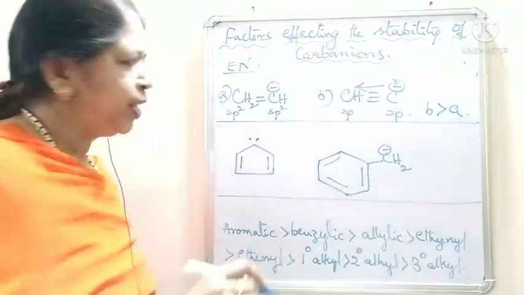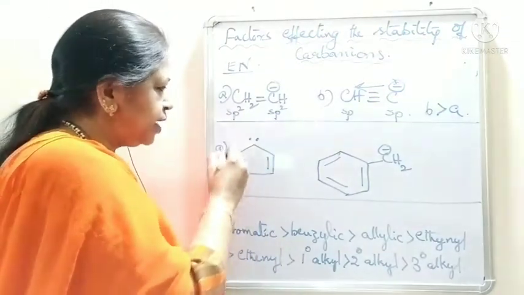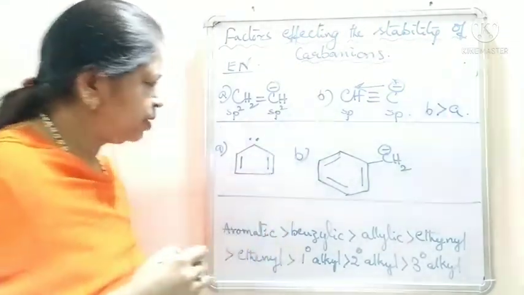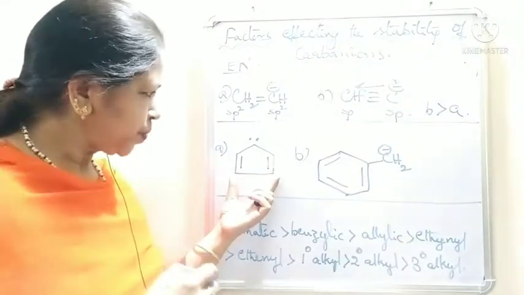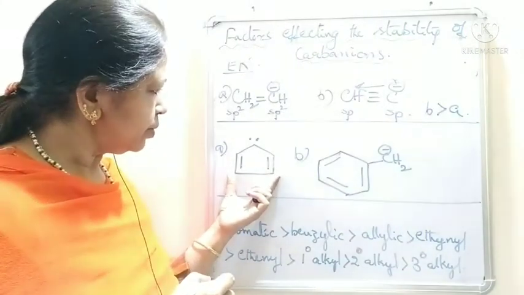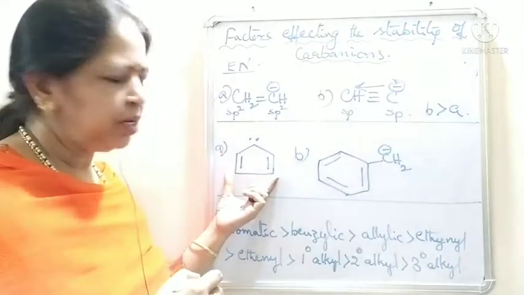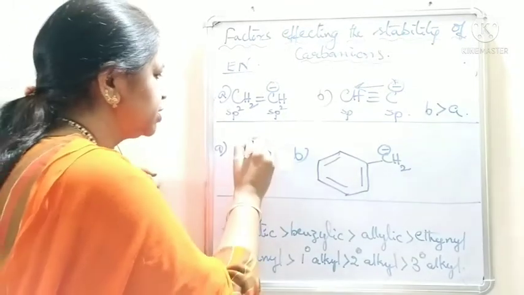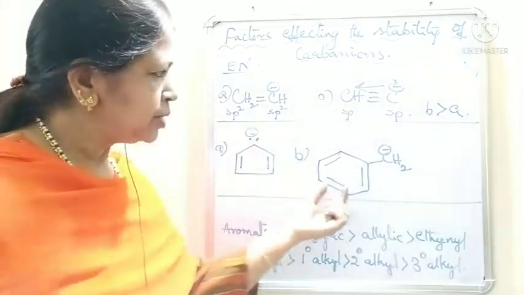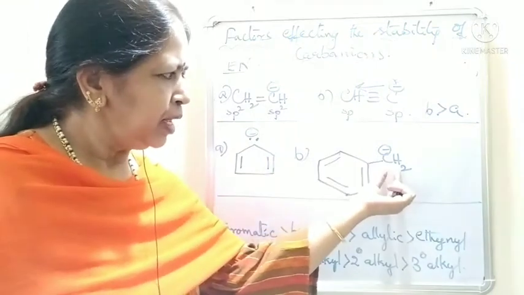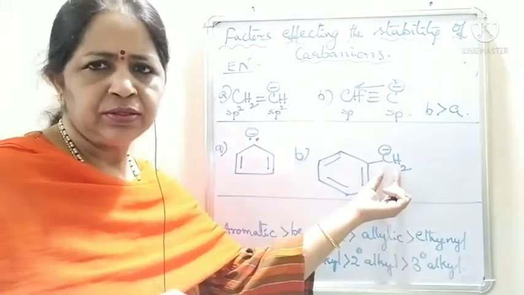Okay, students. Now, in the second example, this is the aromatic structure, and this is also aromatic, this is benzyl group.